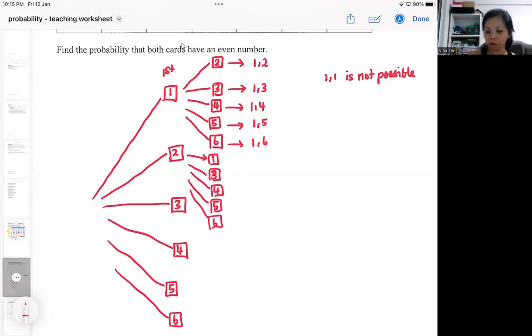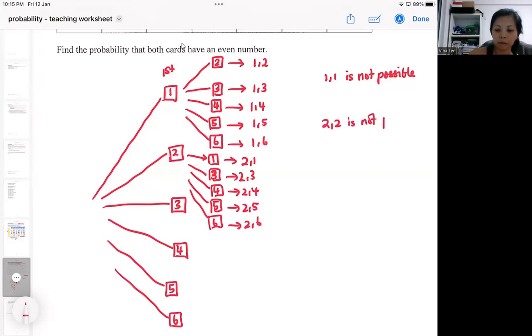So I'm left with 5 possible cards. So it will be 2, 1, 2, 3, 2, 4, 2, 5, and 2, 6. You realize that 2, 2 is also not possible, because the first card that is taken is not going to be replaced. So it's totally not possible.